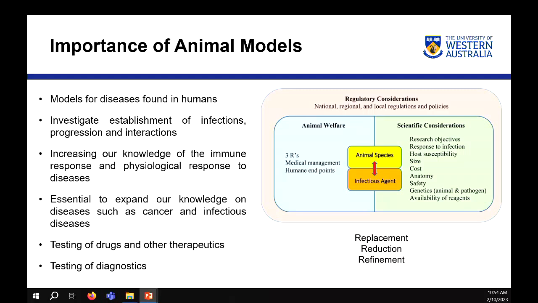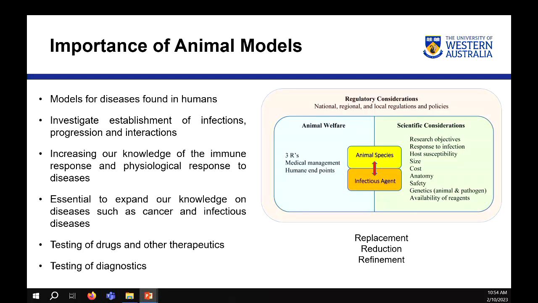However, small isn't necessarily always good, because from your experiment you want to get statistically robust data. So you need to ensure that the number of animals that you're using is going to give you that statistically robust data. So you want to reduce it, but you want to make sure that you make the most of the experiment and get the data that you need, and that is statistically significant.